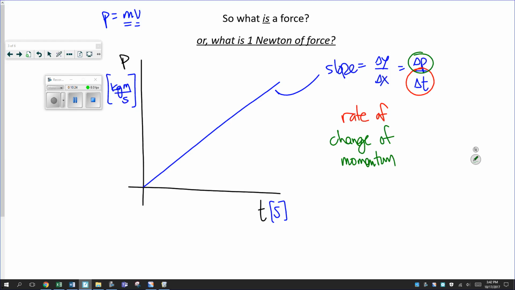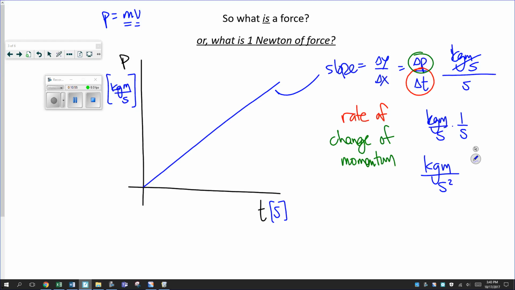It's measured in, check this out, the delta P in kilogram meters per second, the delta T in seconds. So the slope, kilogram meters per second divided by seconds, is the same as multiplied by the reciprocal of seconds. The slope is measured in kilogram meters per second squared.